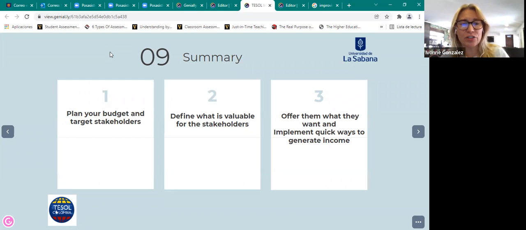Okay, next, number 2, define what is valuable for the stakeholders. Again, I will repeat that again and again, because I've found people who think that just because you're a TESOL association, just because people know it, you don't have to think about how to get the attention of attendees or stakeholders anymore.